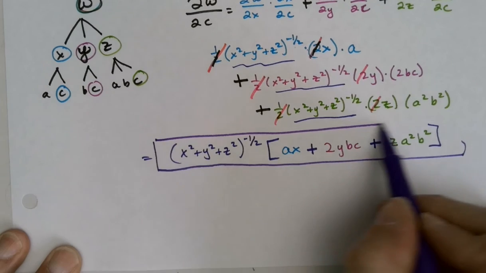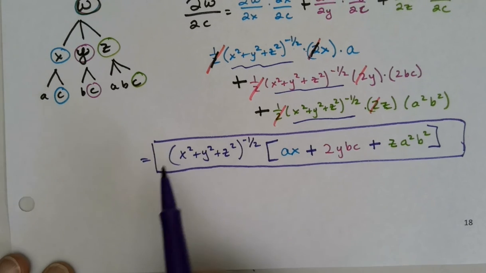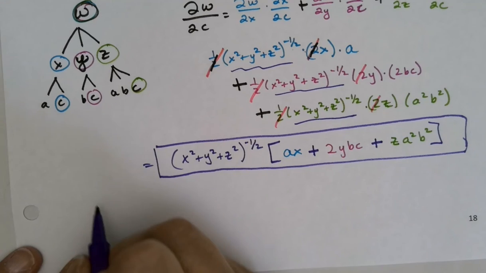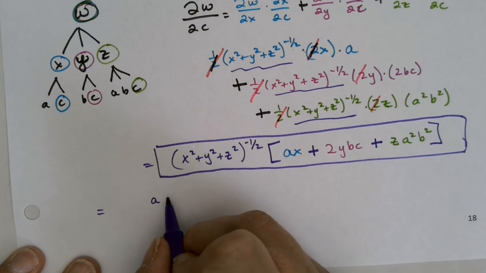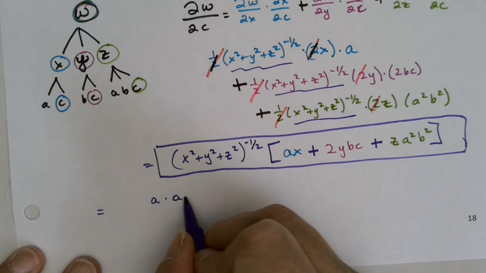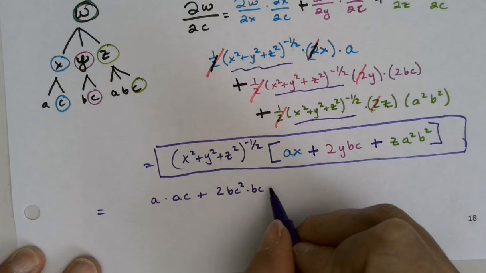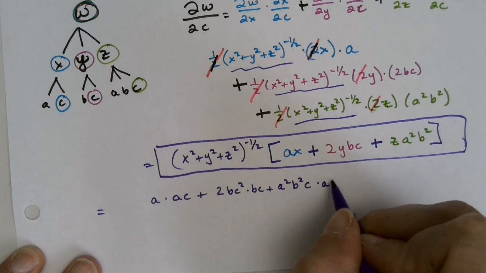Now, it definitely left the intermediate variables in there. If I try to get rid of the intermediate variables, I could try it here: a times ac, plus 2 times bc squared times bc, plus a squared b squared c times a squared b squared.